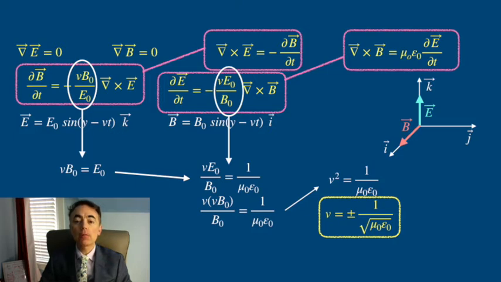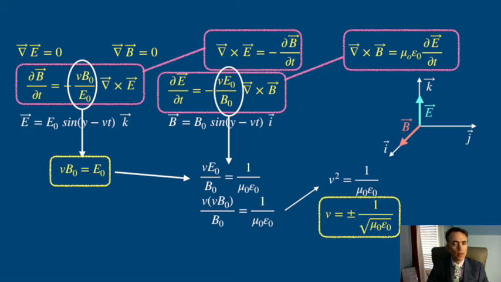And the amplitude of the electric field is the magnitude of the magnetic field times the speed. Using now the result that the speed is the speed of light, which is 1 over the square root of mu naught epsilon naught, we get this simplified relation between the electric and magnetic amplitudes.